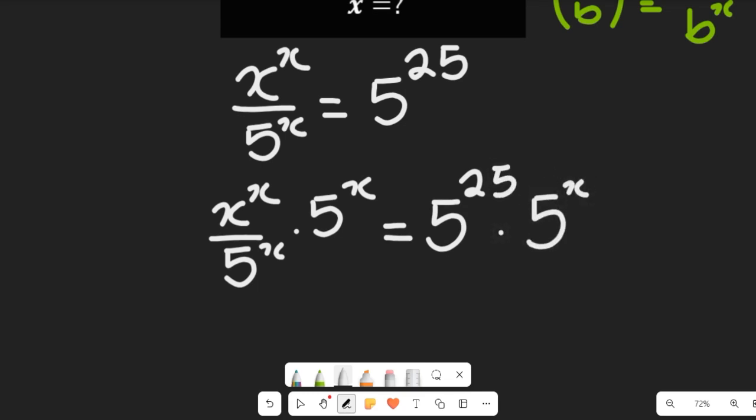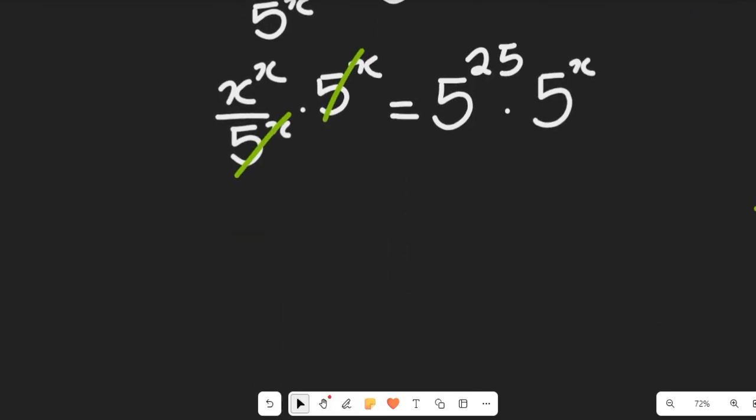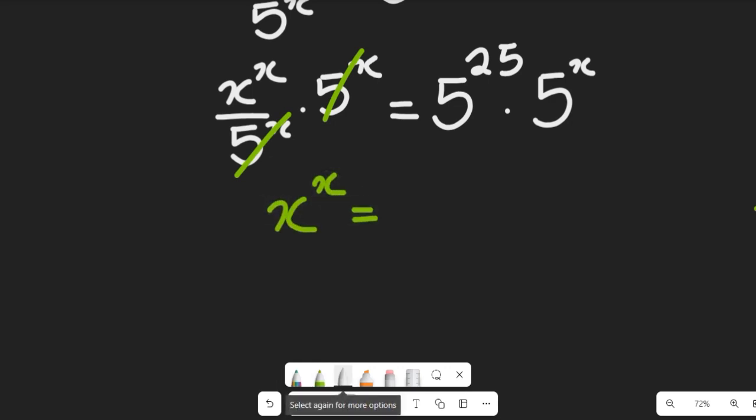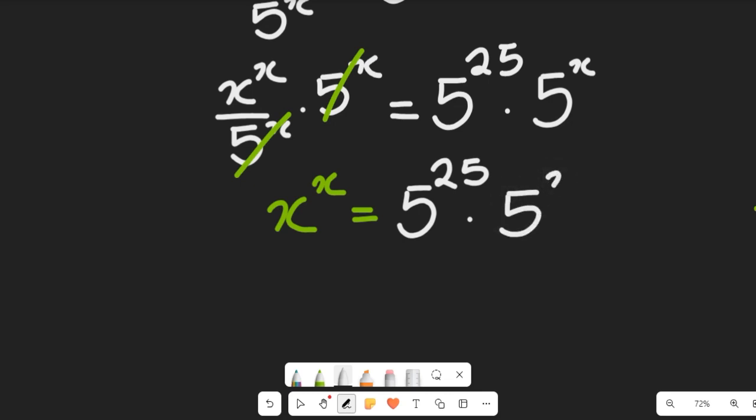What happens here? This expression will automatically clear, and we have x to the power of x equal to 5 to the power of 25 multiplied by 5 to the power of x.